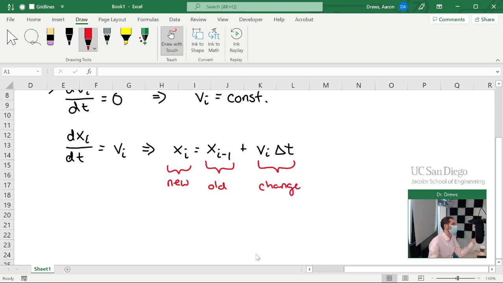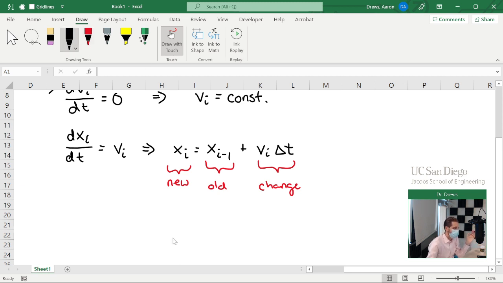The difference is that when we did our random walk, we didn't care what that change was, right? We just said plus 1 or minus 1 or 0. Now our change term is meaningful. It's the product of how long you waited for the simulation to run between those two steps and what was the velocity of your particle.